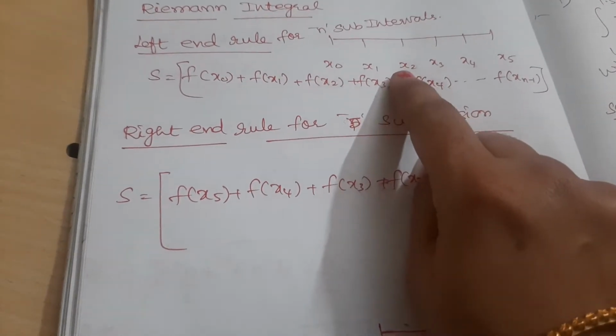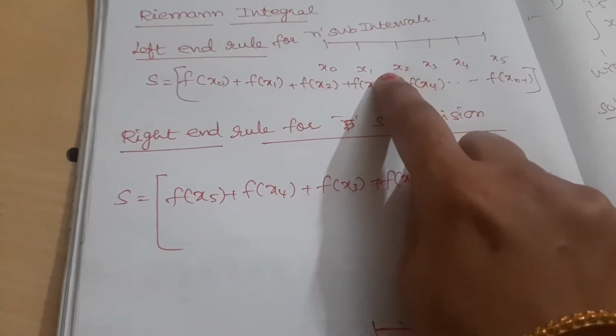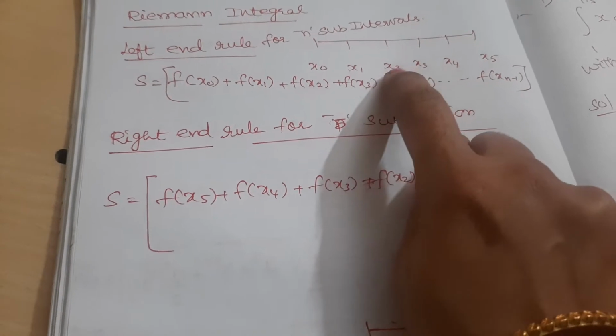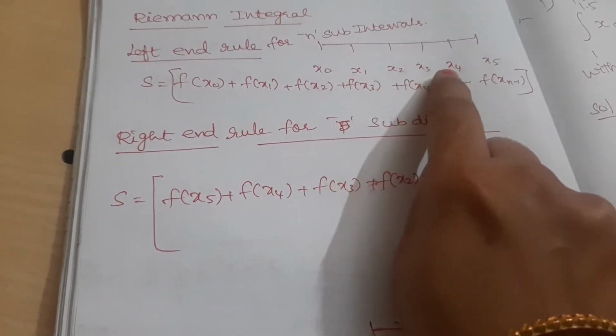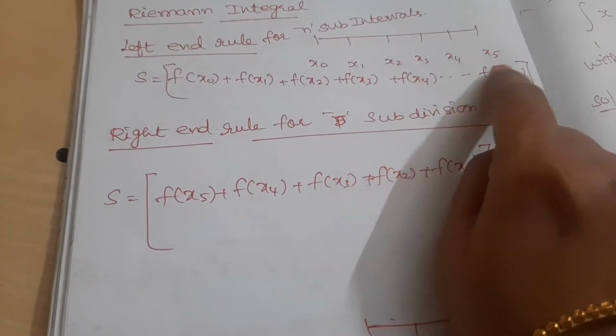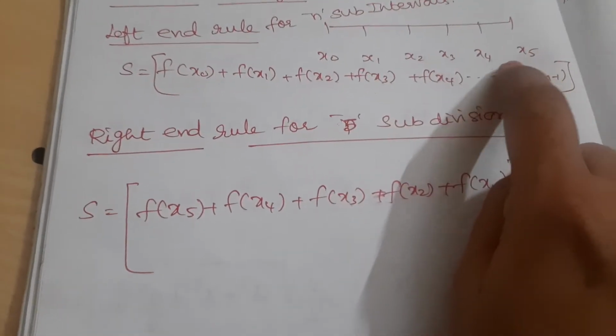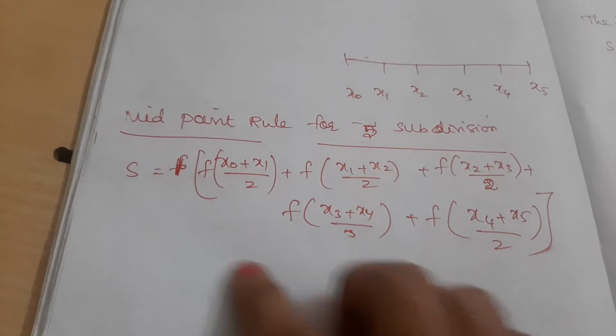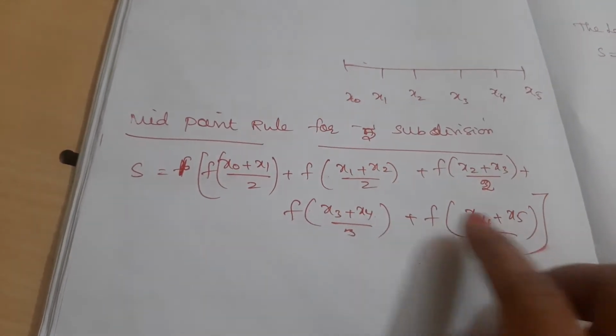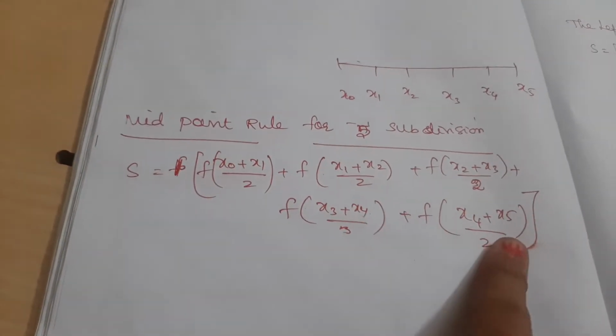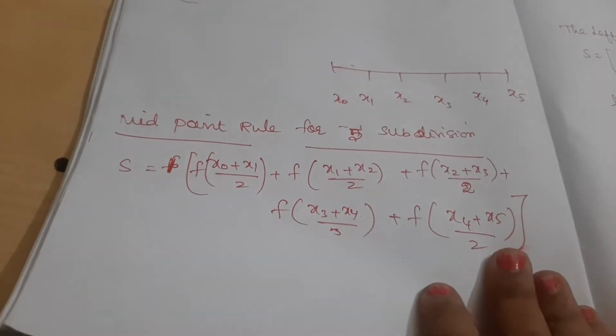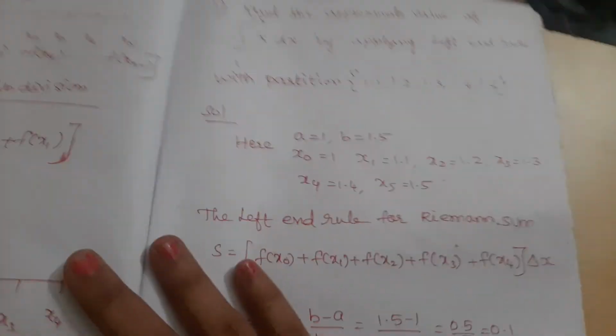The second is f of (x1 plus x2) by 2. Then the third is (x2 plus x3) by 2, (x3 plus x4) by 2, (x4 plus x5) by 2. So these are the 5 subdivisions we get in the midpoint rule. Now we are going to discuss some problems regarding this.